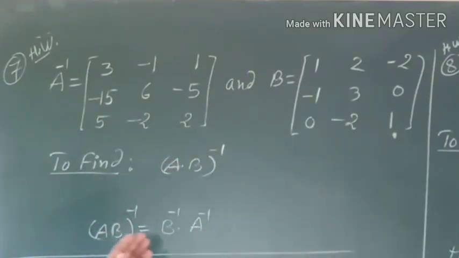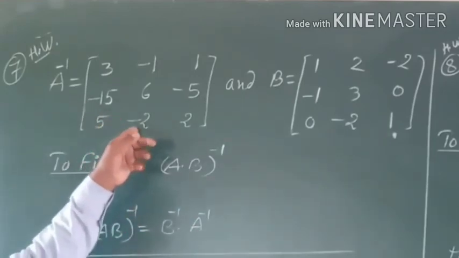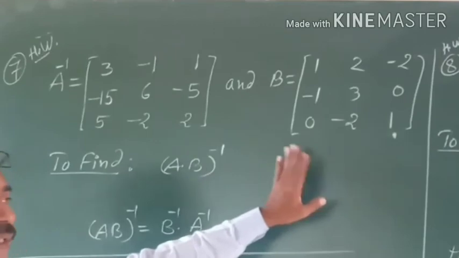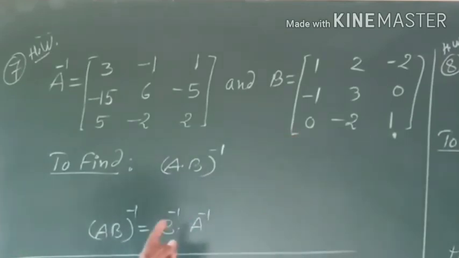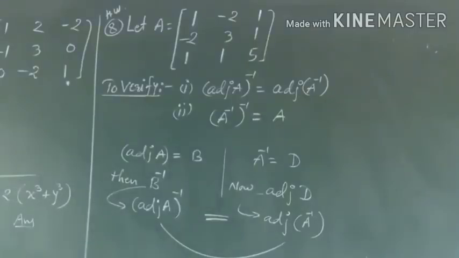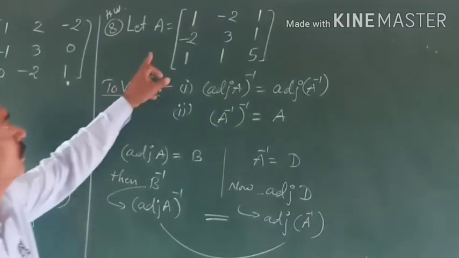Since you know that AB whole inverse is B inverse into A inverse, and A inverse is already given, only find B inverse, and after finding B inverse, find the product of B inverse into A inverse, you will get the answer.